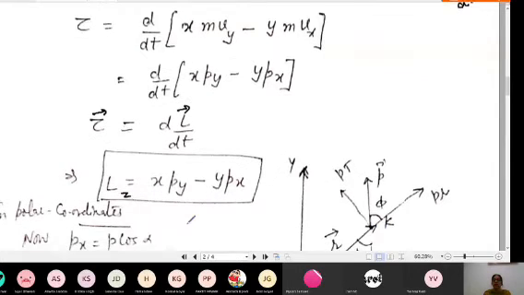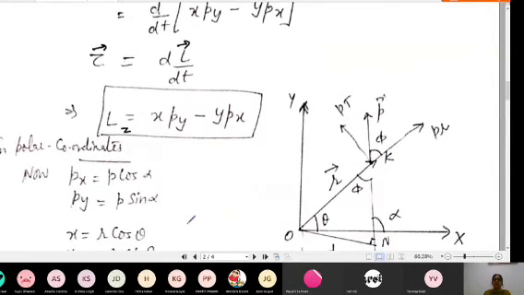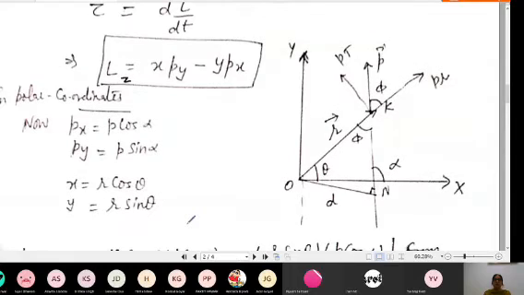in Cartesian coordinates. And if I want to write it in polar coordinates, again take the same diagram. You have to write the values of px, py, x and y and put them in this equation. If you name this equation number 3, then you can simply put the values.